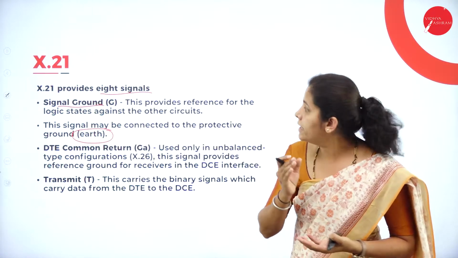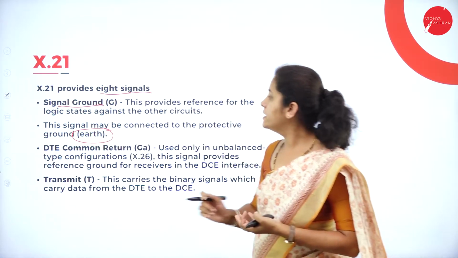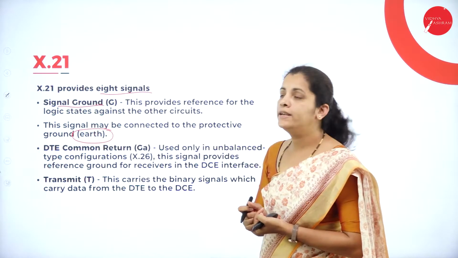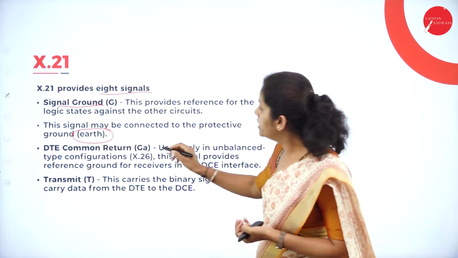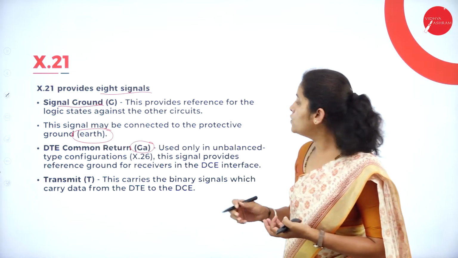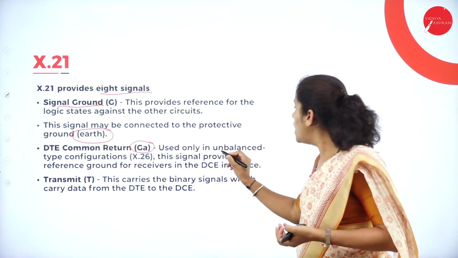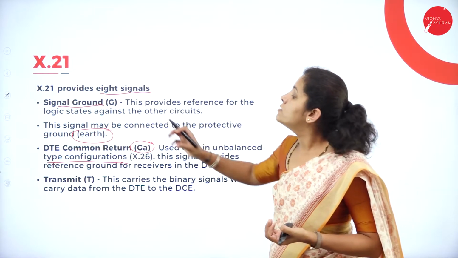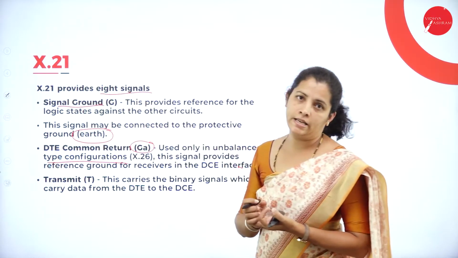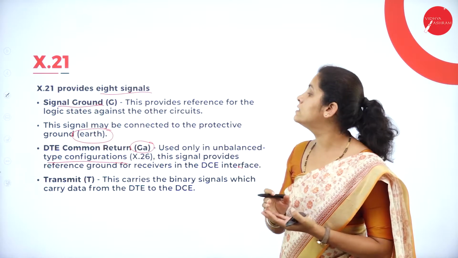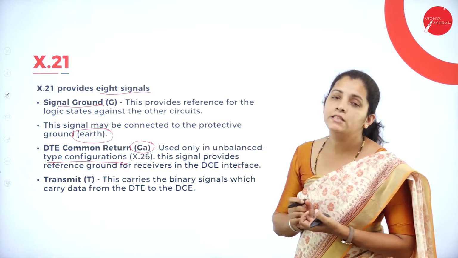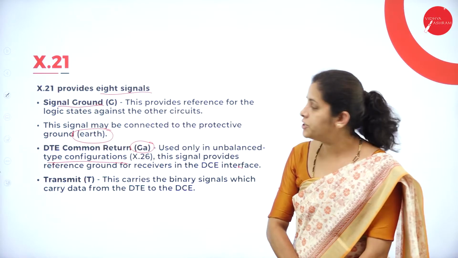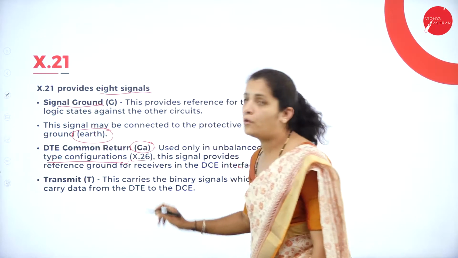So here the next signal is DTE, that means data terminal equipment common return. In short it is GA. It is used only for unbalanced type configuration. That means if this signal is set, then it indicates that it is mainly used to perform unbalanced type of configuration, that is especially X.26.